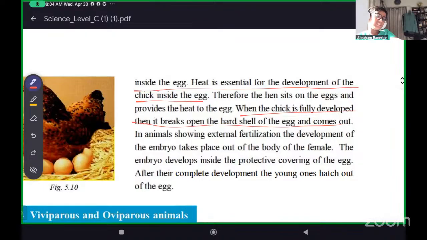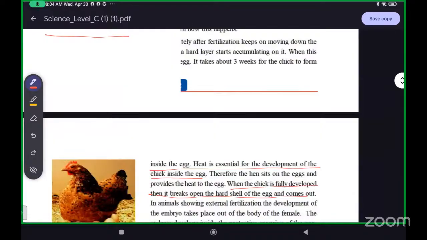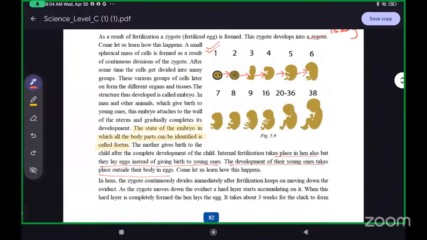What I'm saying is, if the hen only has one egg, then how does it balance it out? Usually it has many eggs. Okay, usually it has more than one egg.